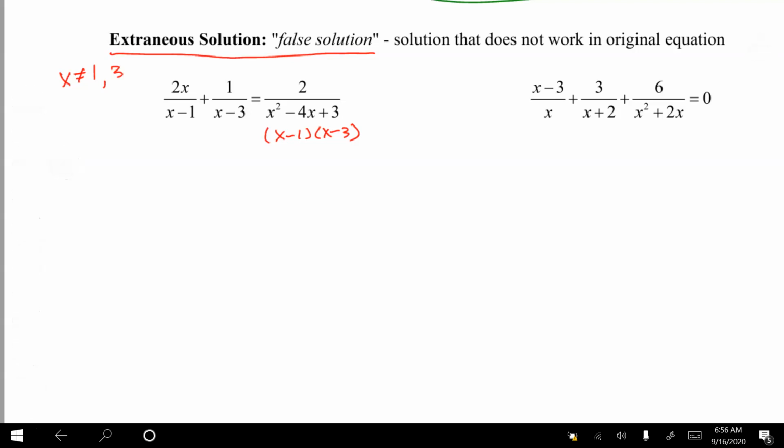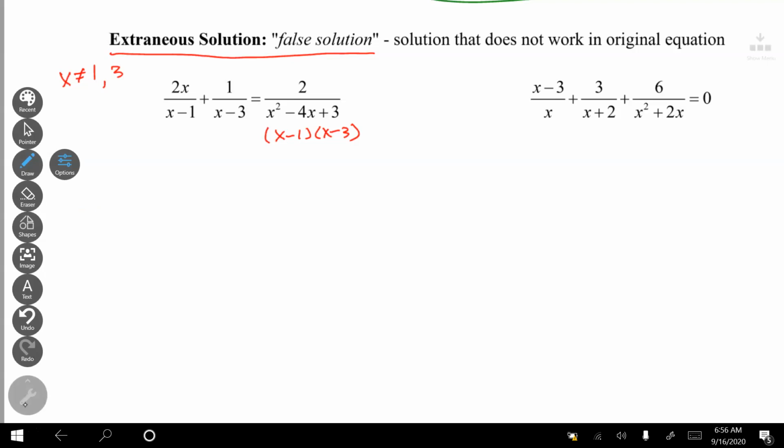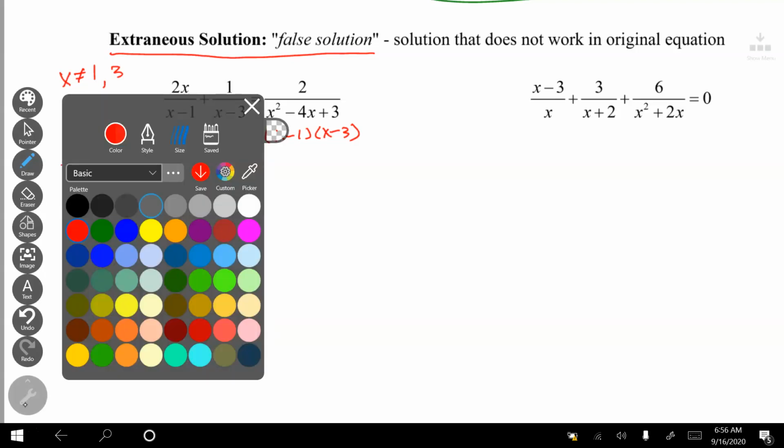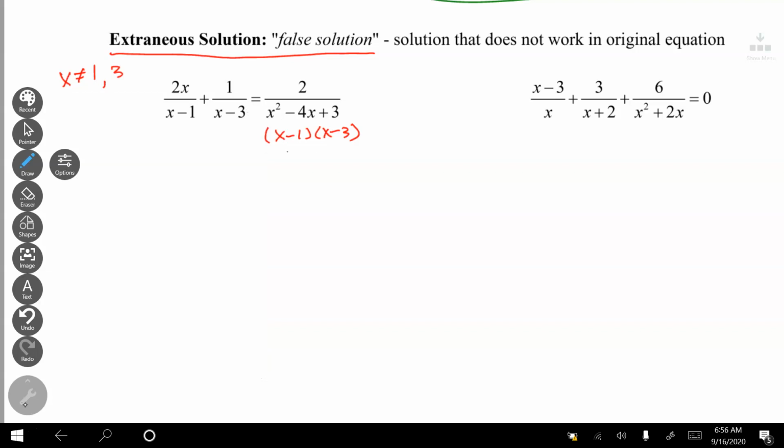So when I look at this problem, I'm going to multiply every term by, let me pick something, this is the common denominator, right? This is in parentheses. So x minus 1, x minus 3, x minus 1, x minus 3, and a third time, because I had to do it to every term.